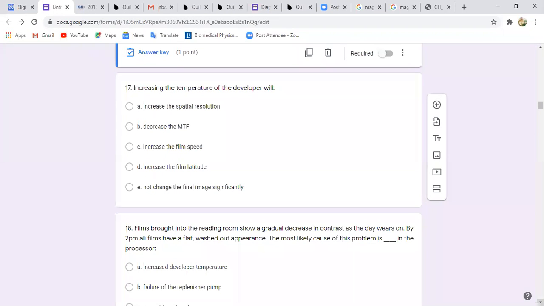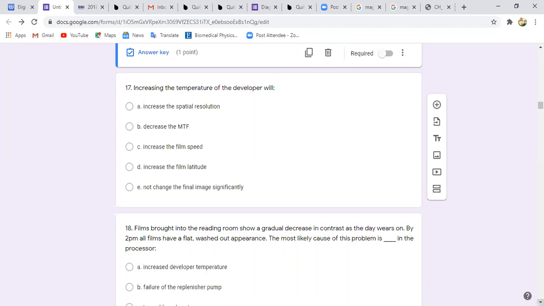As you might have seen, that is why with the developer and the fixer solution, the replenisher, one must always check the time for the film to be inside the solutions.